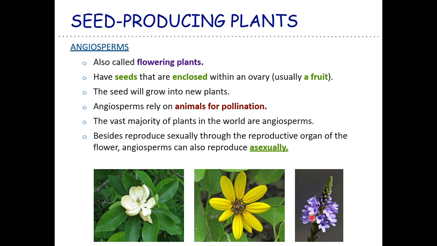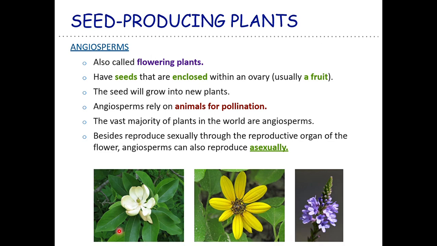Angiosperms rely on animals for pollination, such as birds. The vast majority of plants in the world are angiosperms. Besides reproducing sexually through the reproductive organ of the flower, angiosperms can also reproduce asexually.